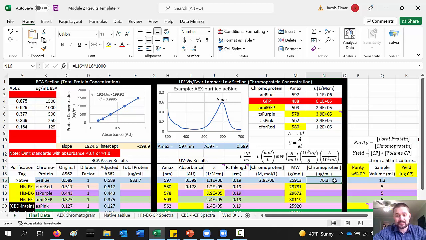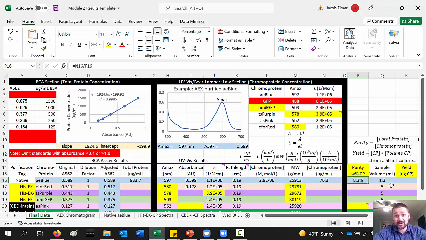You can see here, UV-Vis is telling us that we have a much lower concentration of chromoprotein than total protein. So we can use this as an initial estimate of purity, right? I could take the concentration of my chromoprotein, divide that by the total concentration of protein, and there you have it. The purity of our sample is only 8.2%.